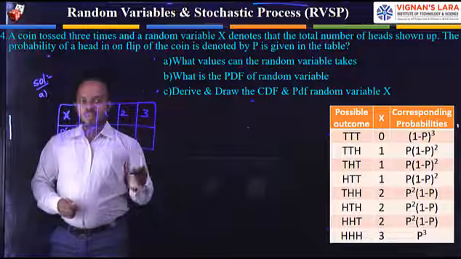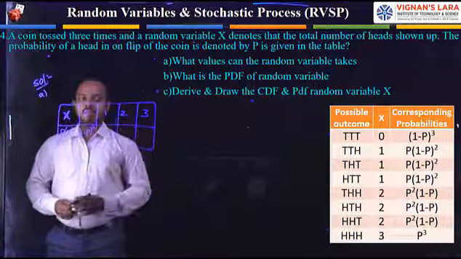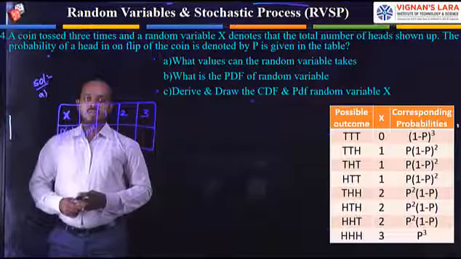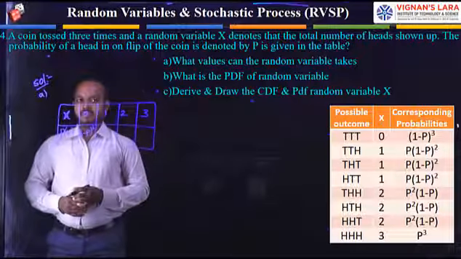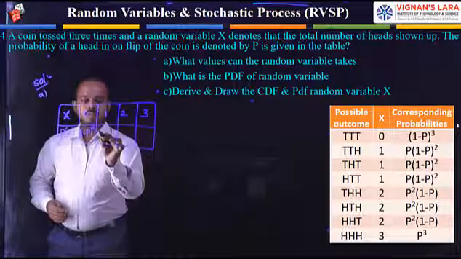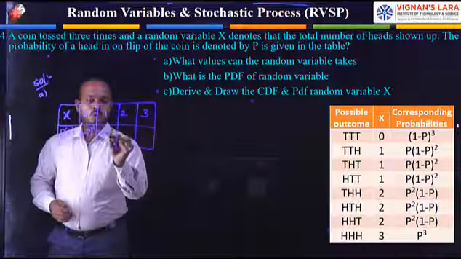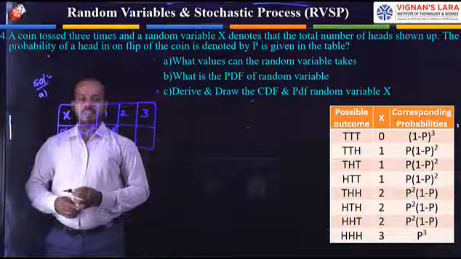In this given table, how many single head combinations are available? We are totally having 3 single head combinations. That's why I am adding these 3 probability events, and writing 3p into 1 minus p whole square.